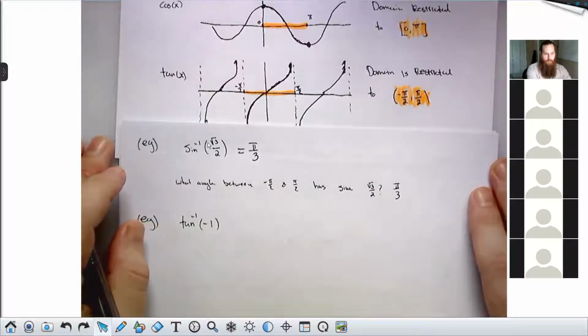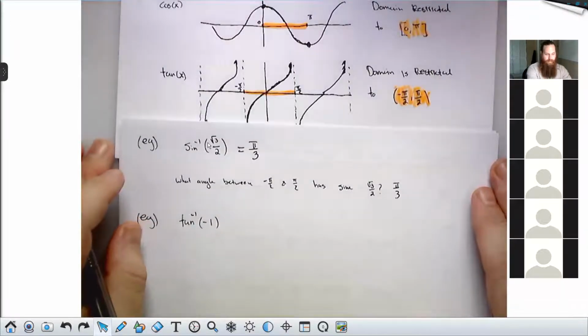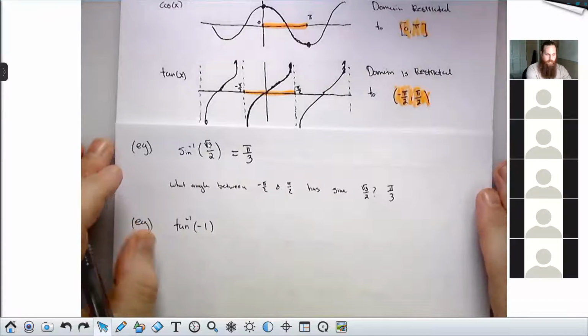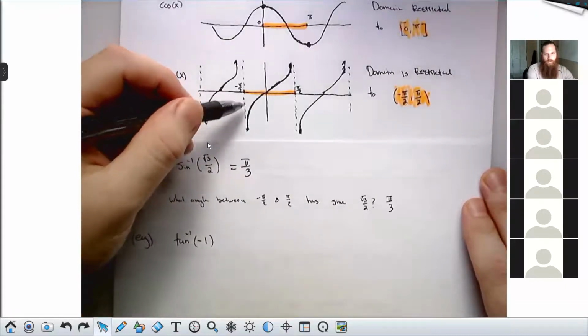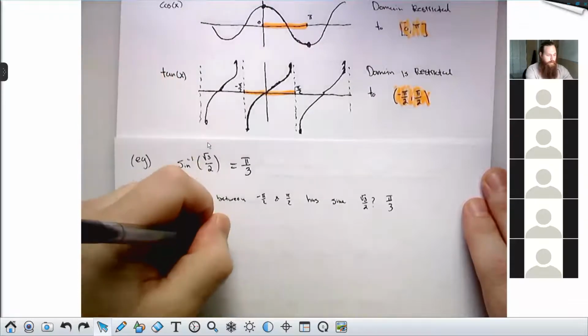Is it pi over 4? Pi over 2 or negative pi over 2? It's not negative pi over 2. No, the tangent of negative pi over 2 is undefined, right? Negative pi over 4. Very good. Negative pi over 4.